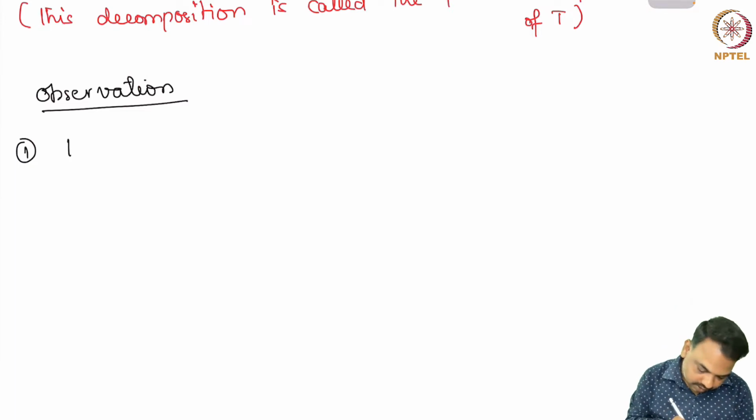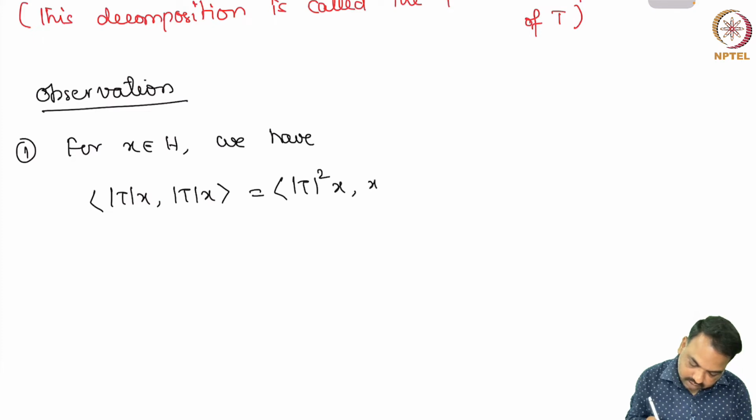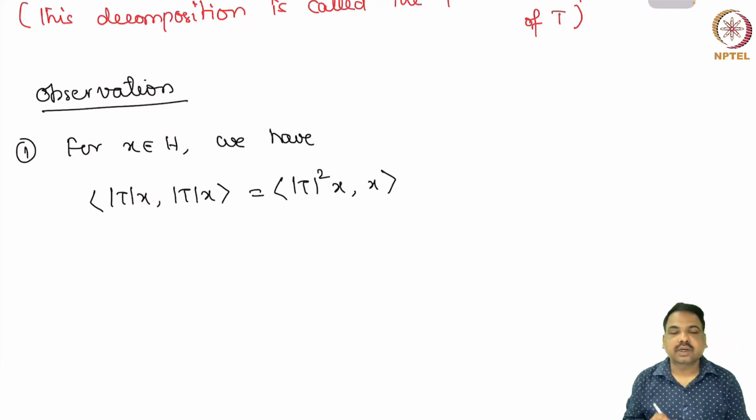So let us take x in H. We have inner product of |T|x with |T|x. This is nothing but inner product of |T|² x with x, because |T| is a positive operator, we can bring it to the left hand side. It is again |T|.